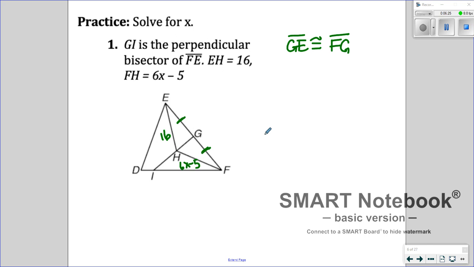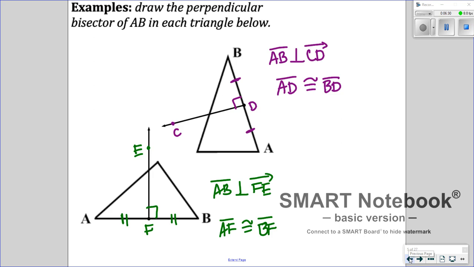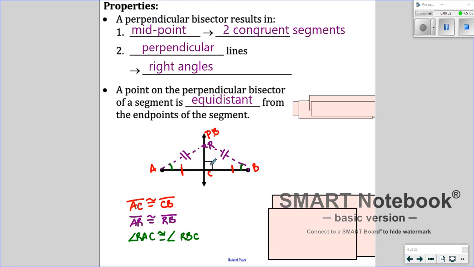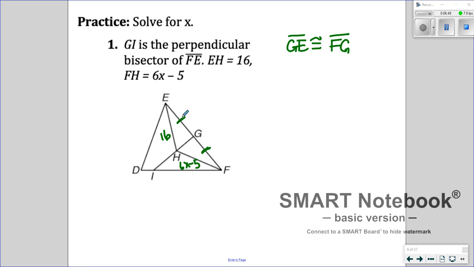Remember from that diagram before, you have the perpendicular bisector, you created two congruent segments, and if you choose a point from that perpendicular bisector and connect it to the endpoints of that segment, then they're also going to be congruent. So this part is congruent to this part. They're equal to each other, so you set them equal because of the perpendicular bisector.